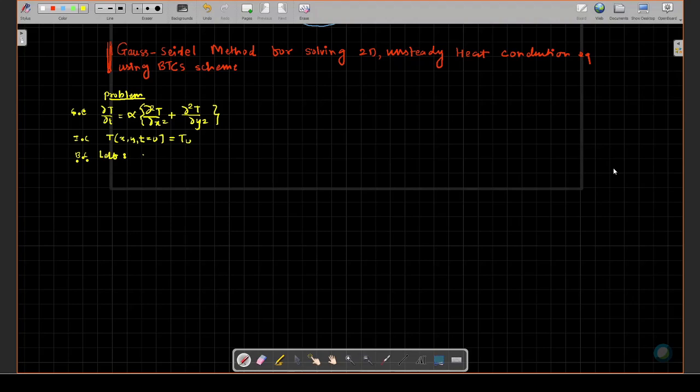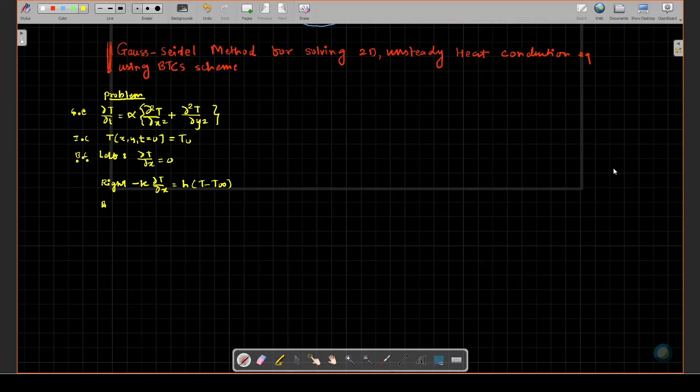And the boundary conditions: the left boundary was del T del x equals 0, and the right boundary condition was negative k dT/dx equals h times (T minus T infinity).